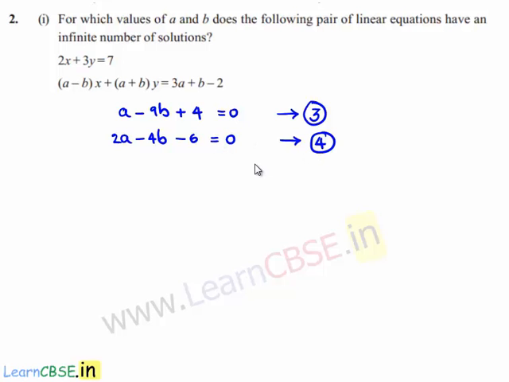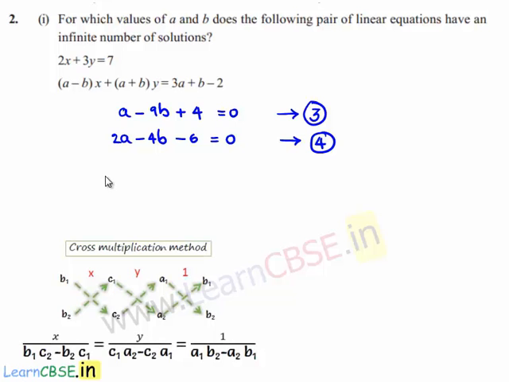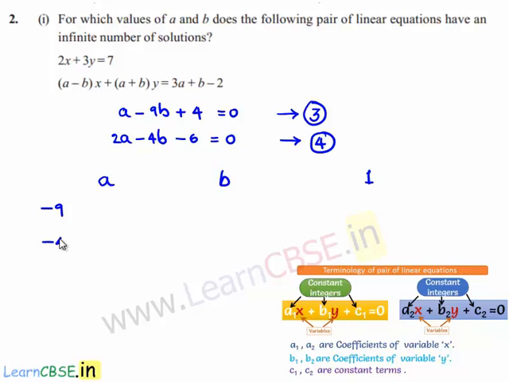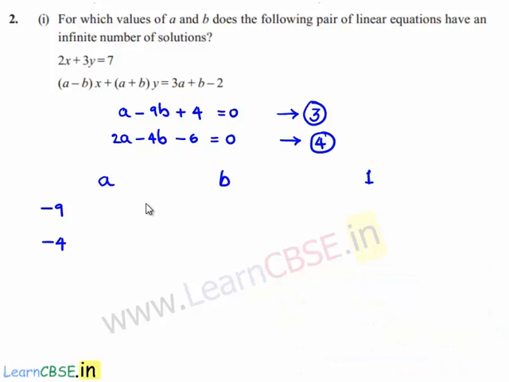So let us solve both of these equations by cross multiplication. So first we write a, b and 1. So the coefficient of b is minus 9 in the equation number 3 and minus 4 in equation number 4. And constant term is 4 and constant term is minus 6, and coefficient of a is 1. Here the coefficient of a is 2, and again we write down coefficient of minus 9, and here the coefficient is minus 4.